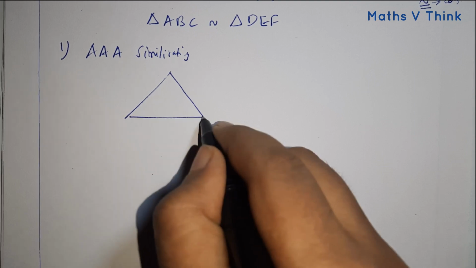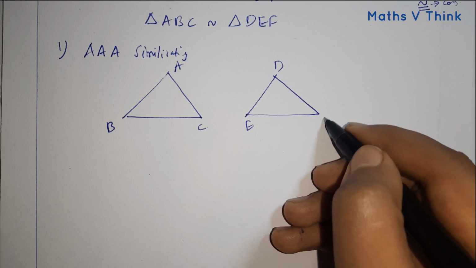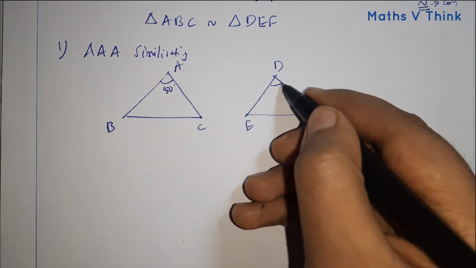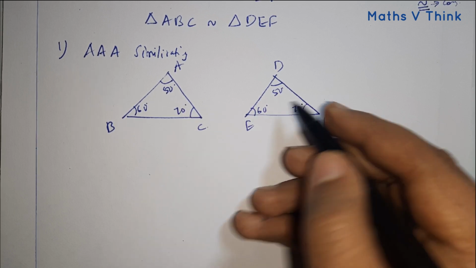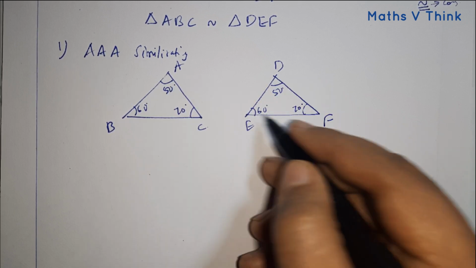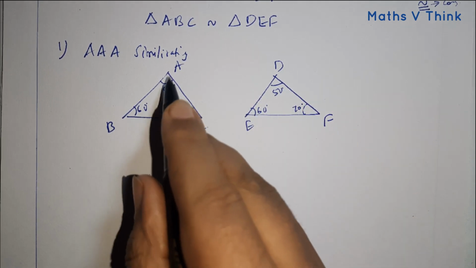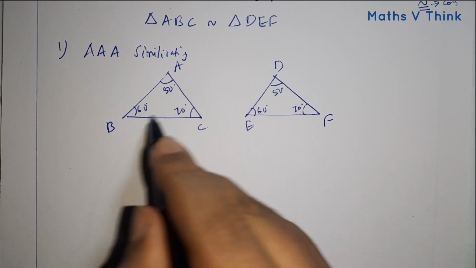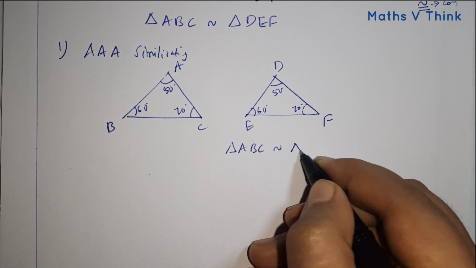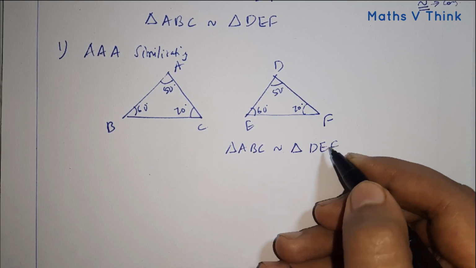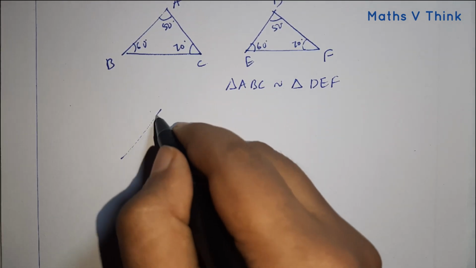So again, take a triangle. You can see that in these two triangles, the corresponding angles are all equal. If in two triangles all the corresponding angles are equal, then I can tell triangle ABC is similar to triangle DEF. One more example I will give you.